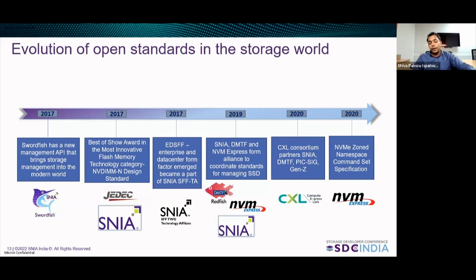And there were ways in which they solved the problem of optimizing the use of flash by the application space. Right? So this was another revolution where zone namespaces came into the picture.